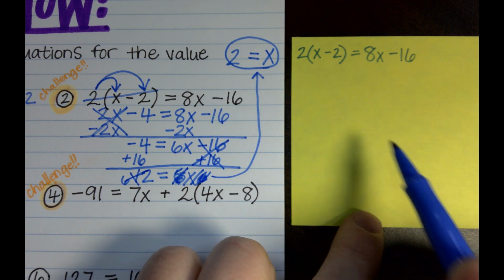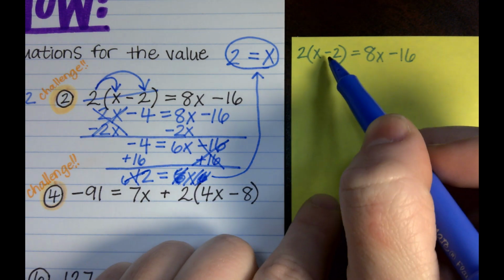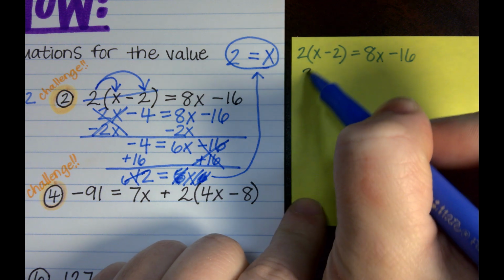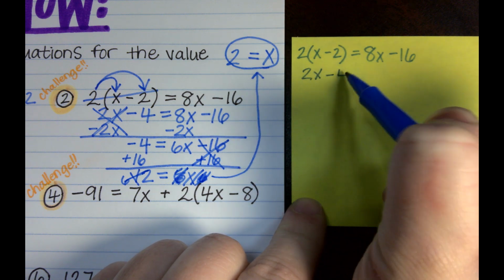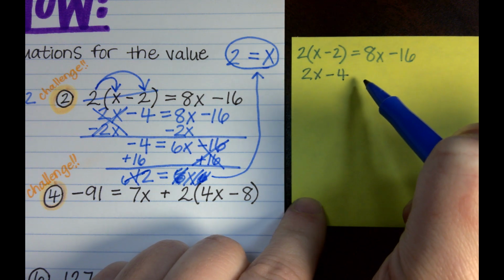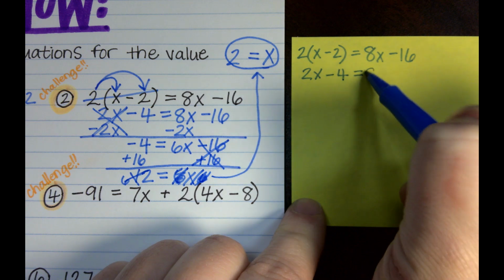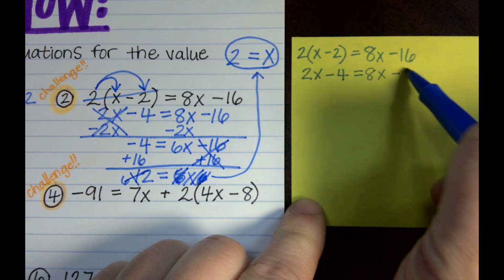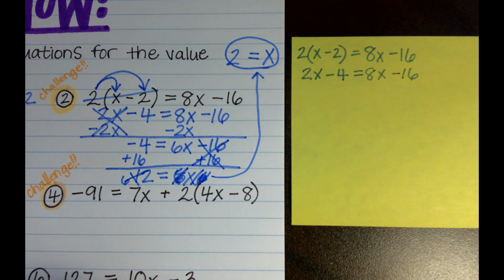Okay, so what did you do? So I started with those parentheses. Okay, so I got 2x minus 4, and then brought everything else down. So you started with the same steps as us. And what did you do next? I added 4 to both sides. Oh, okay. So he added 4 to both sides this time.